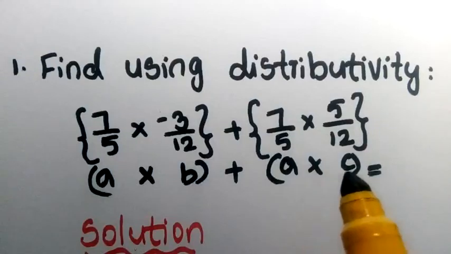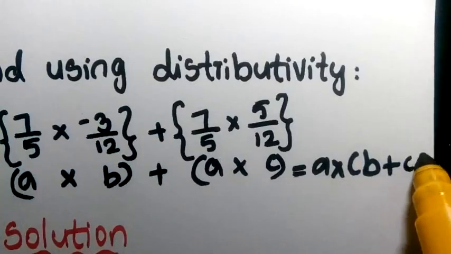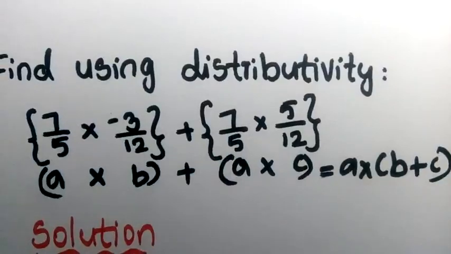What is the LHS? A into B plus C. Okay. So if you get a question, first you need to identify how to solve it. Let us check the solution.